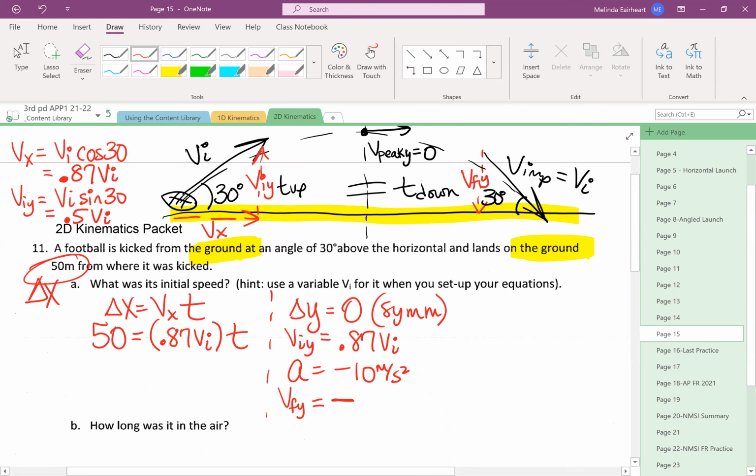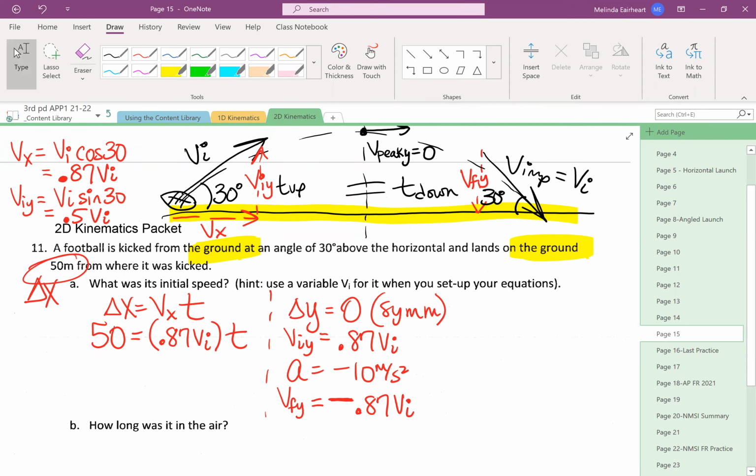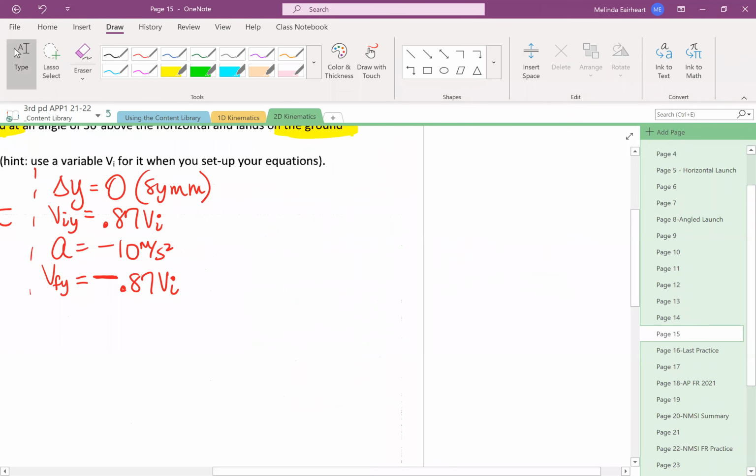Negative. So I could say that the final vertical velocity is a negative 0.87 VI. Now you don't actually have to recognize that. I'm going to show you that we can actually solve time two different ways here. The first way is without that final vertical velocity.